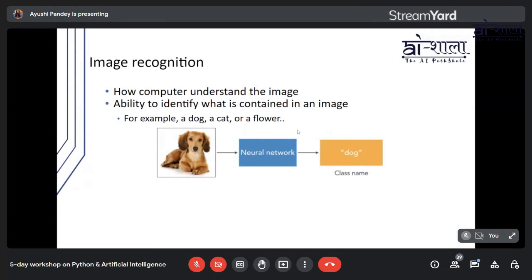From that learning, when you give this image to the model to test, it will tell you that this image belongs to a dog. Or if there is an image of a flower, the neural network will say, according to my knowledge, the image is of a flower, so the output will be flower.